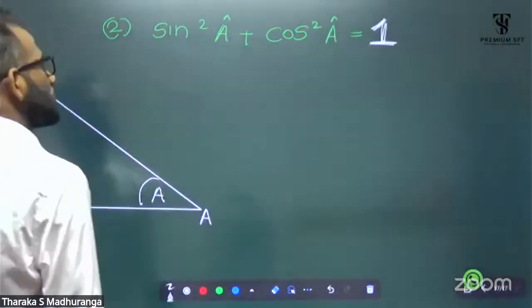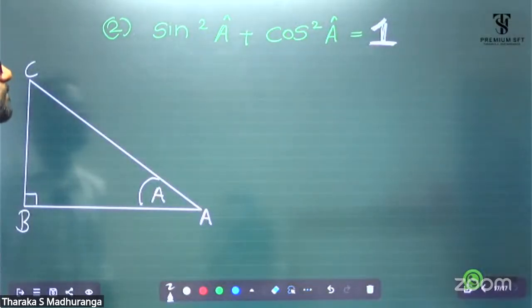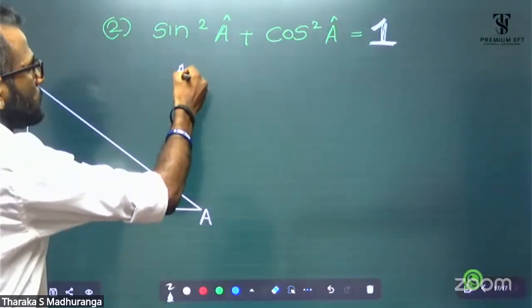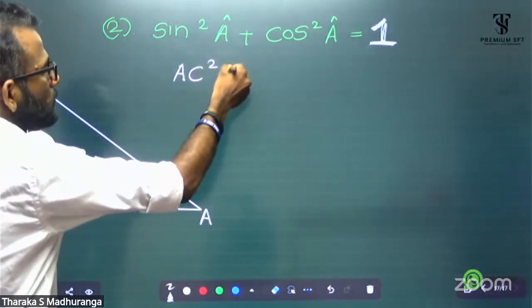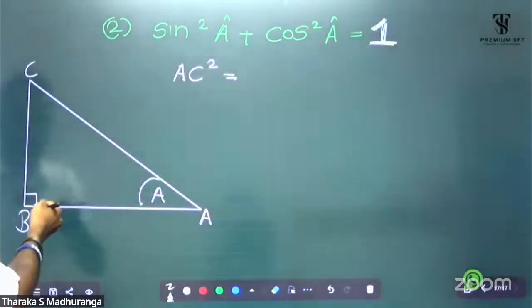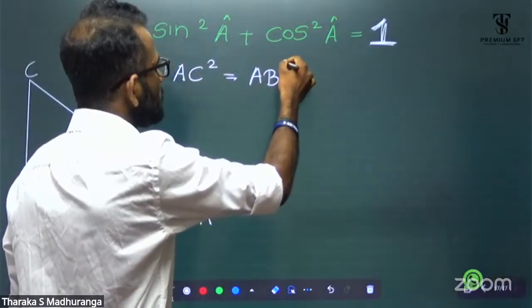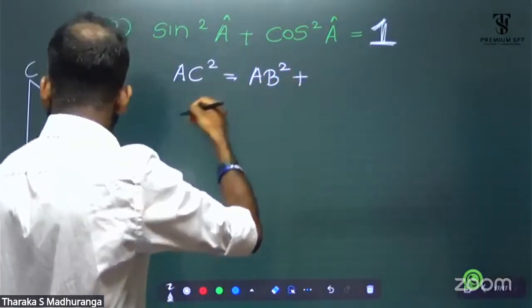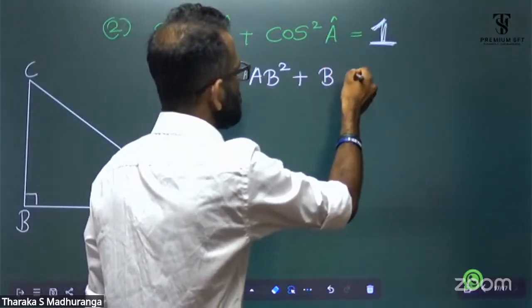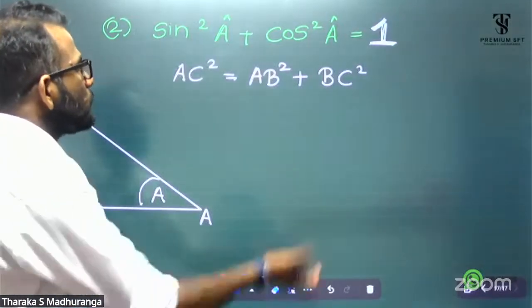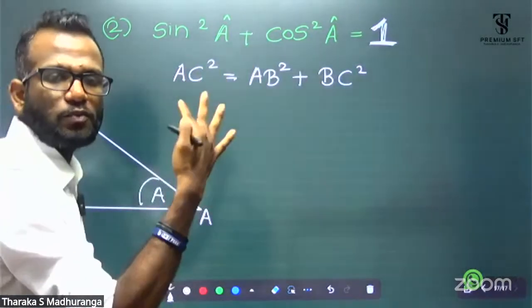First, according to Pythagoras theorem, AC squared equals AB squared plus BC squared. Now I want to convert the left side into 1.